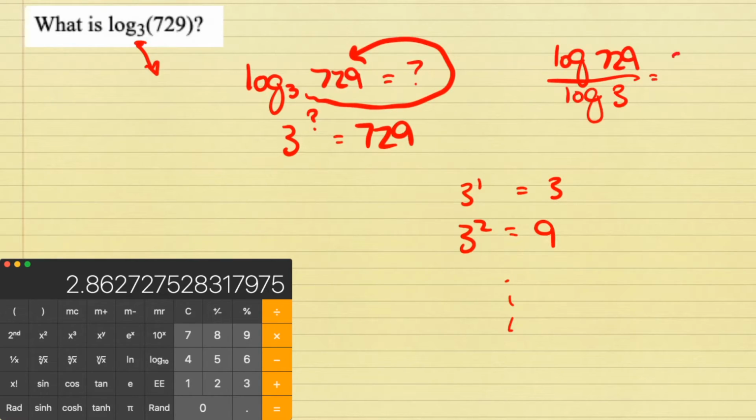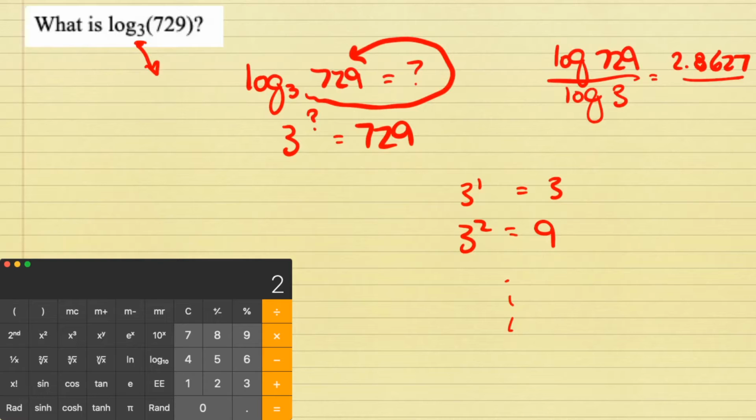So this is 2.8627. All right, and then I'm going to divide by, what is this? We have 3 log. Ooh, not 2, but 3. 3 log, there we go. 0.477112. Okay.